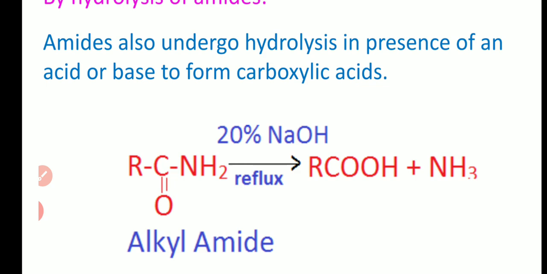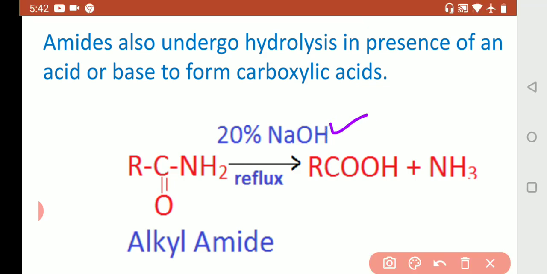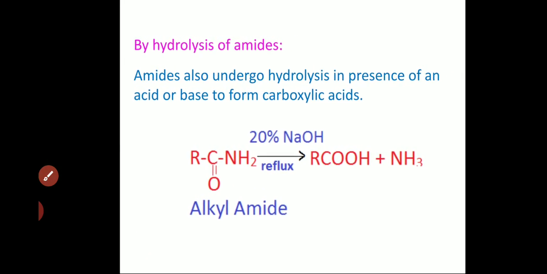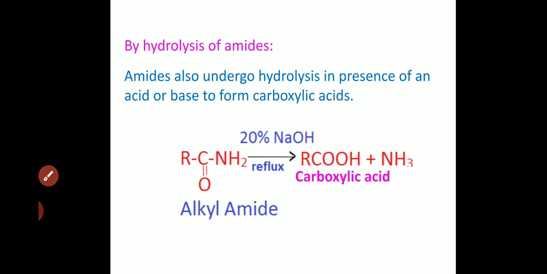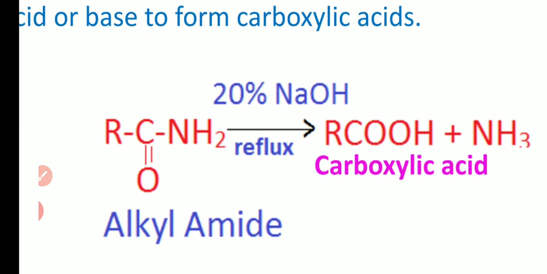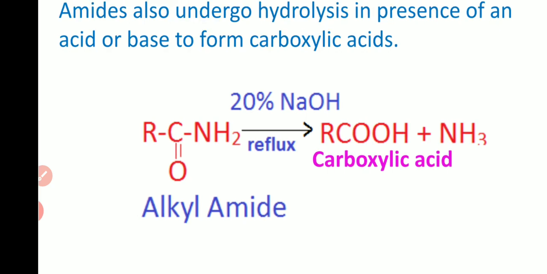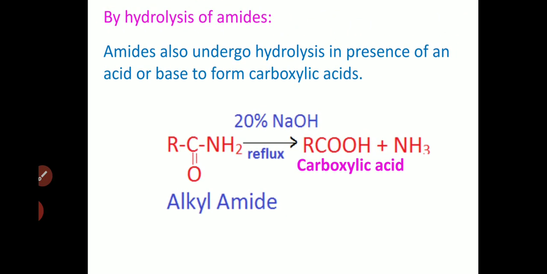So here in presence of a base, 20% NaOH, by combining alkyl amide with 20% NaOH and refluxing, simply we get carboxylic acid. And of course this NH2 part is converted into ammonia, NH3. So this is a simple hydrolysis of amides in presence of an acid or base to form carboxylic acid.